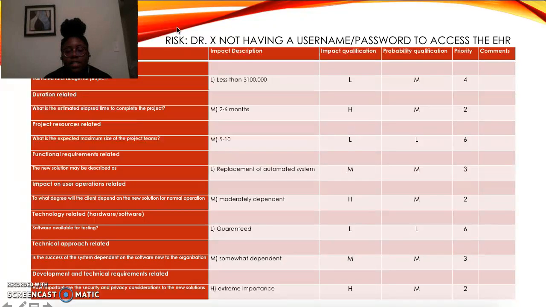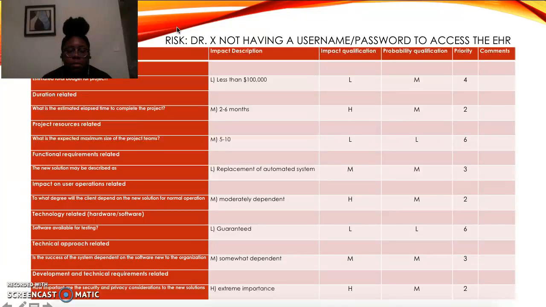So if every time he goes in he doesn't have access, then that could cause a higher risk. So that would be number 2 on a priority list. So you would need to focus on that one more so than something that's lower down on a priority list.